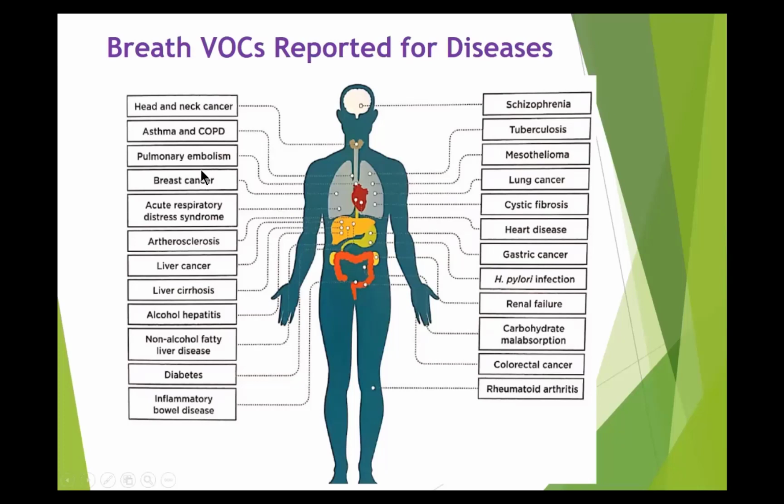Breast cancer is also reported, but I believe that's a small amount, and so on. Liver cancer produces certain chemical compounds, cirrhosis of the liver, hepatitis, diabetes is a big signal, inflammatory bowel disease comes through, and so on. So this is what's raised the excitement of many, many people.